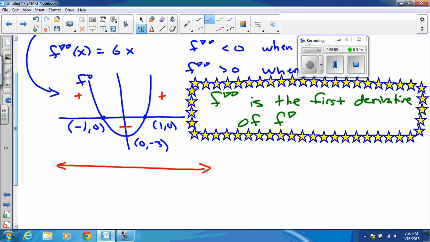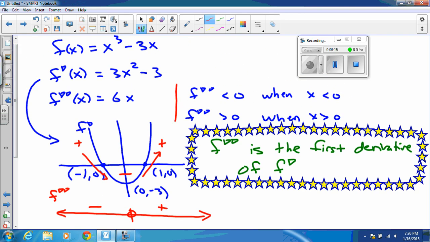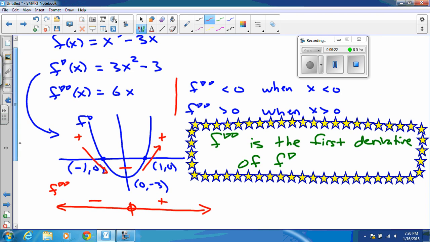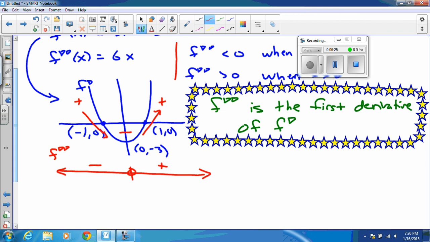But if we look at the slope of f prime, which gives us the derivative of f prime, in other words, f double prime, then you can see that f prime's slope is negative when x is less than 0, and it is positive when x is greater than 0. In other words, f double prime is negative when x is less than 0, and f double prime is positive when x is greater than 0.